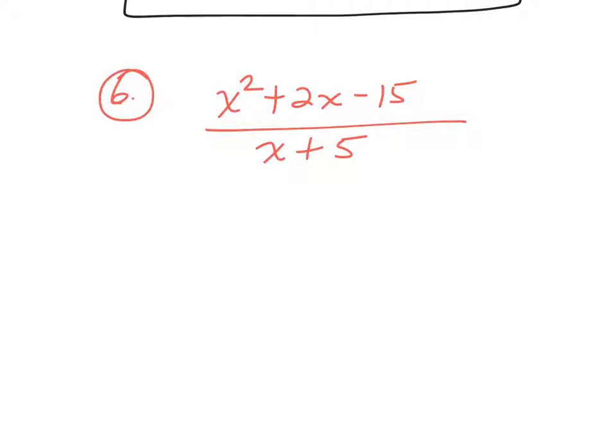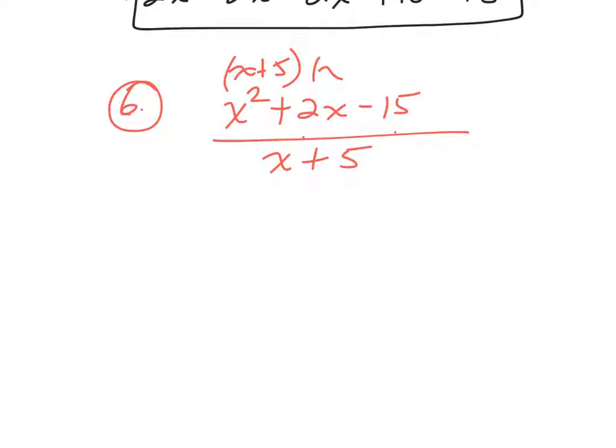If we look here, the numerator would factor quite easily because 2 factors in negative 15 that add up to 2 would be plus 5 and minus 3. So then the plus 5s would cancel, and we just get x minus 3.